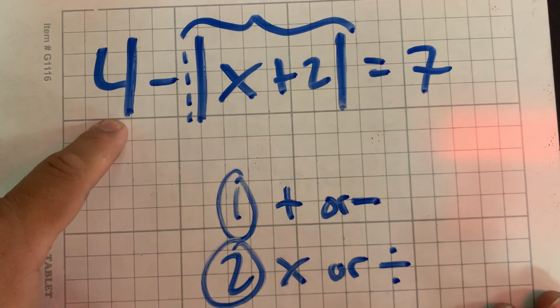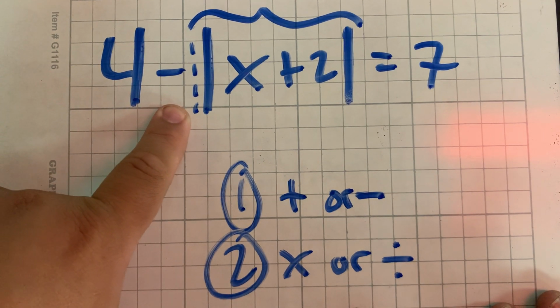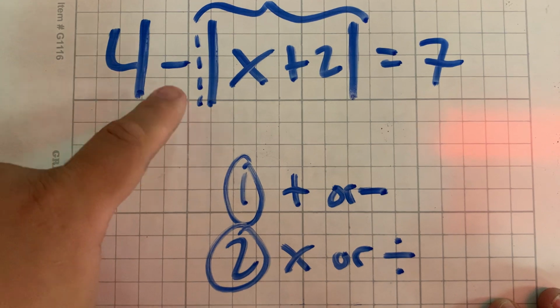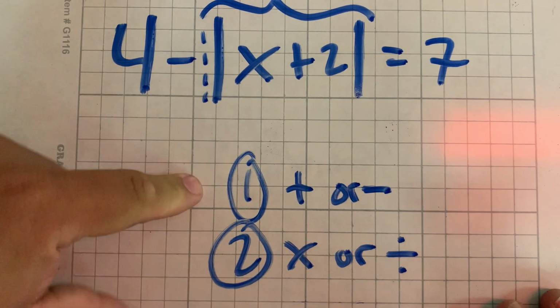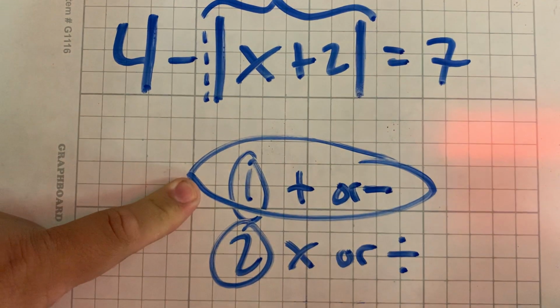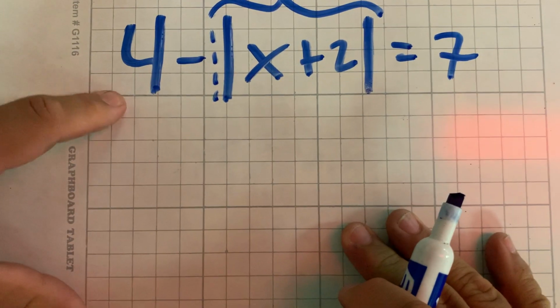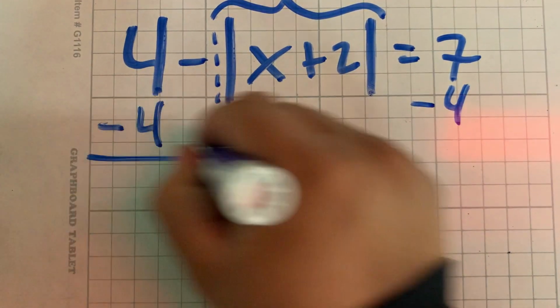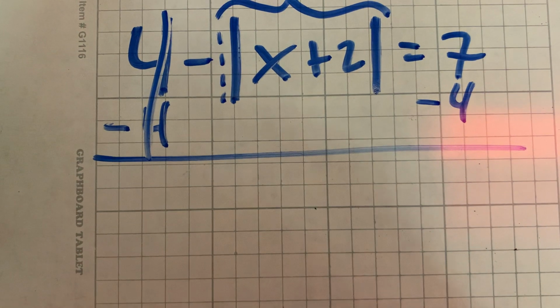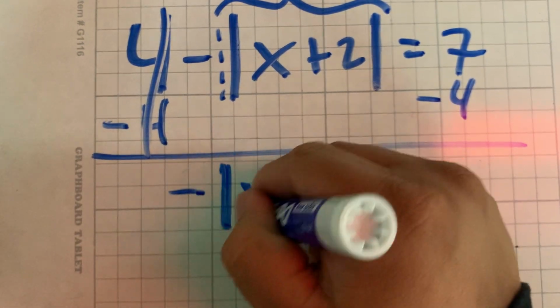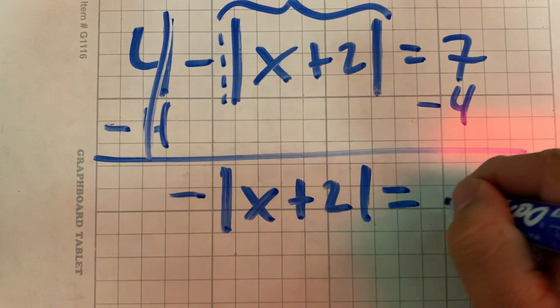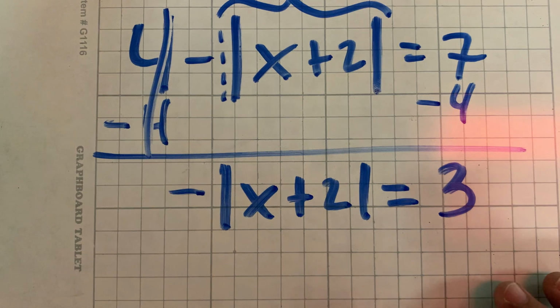We have to get rid of this 4 and this negative 1. Since the negative 1 is being multiplied, that means we got to do step 1 first, which is to add or subtract. That means we got to get rid of this 4 first. Since it's a positive 4, I can simply just subtract it from both sides. And I'm left with the negative absolute value of x plus 2 is equal to 3.